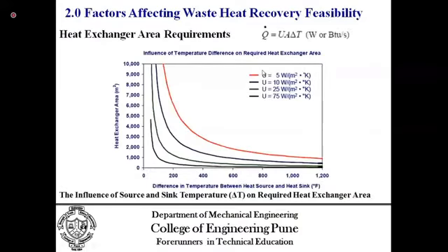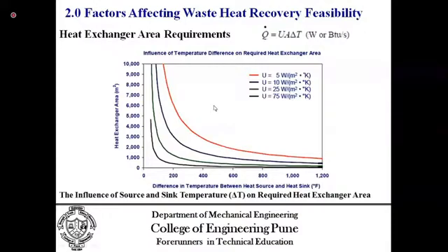So in short, the overall heat transfer coefficient is increasing diagonally from the right hand to the left hand corner. If the temperature difference is lower, that is 200, and if the overall heat transfer coefficient is lower, then it is obvious that the surface area required for recovering the heat is very large.